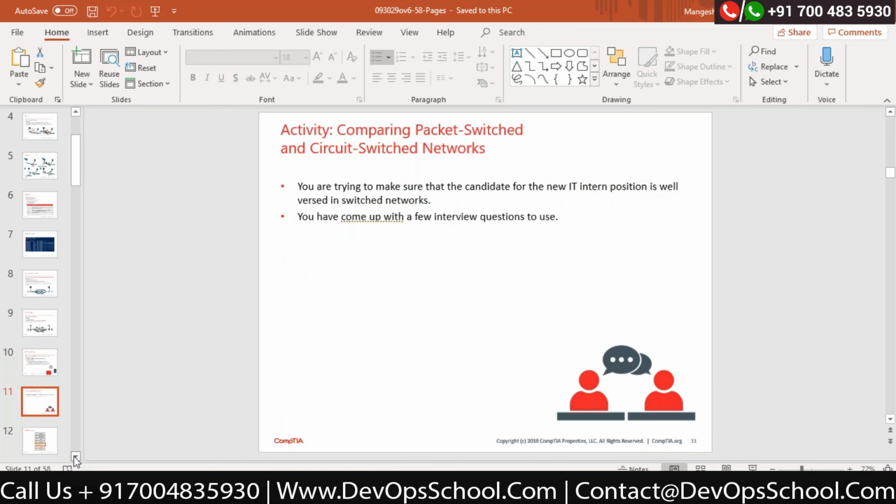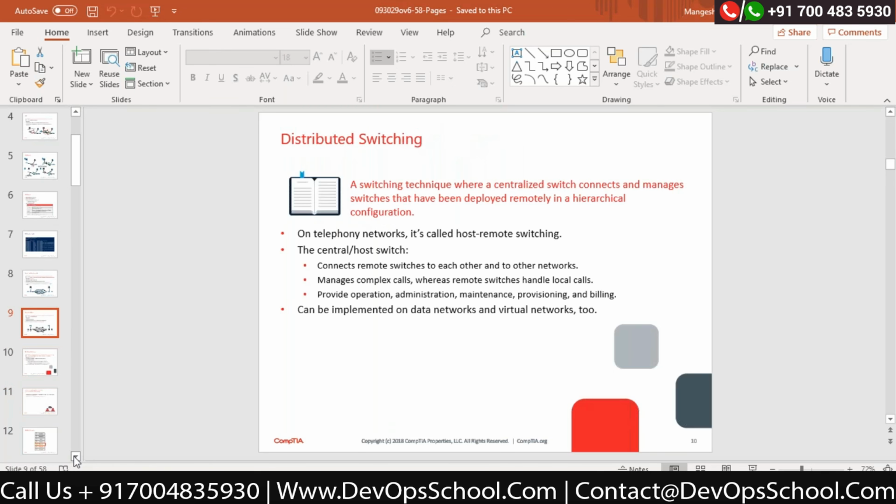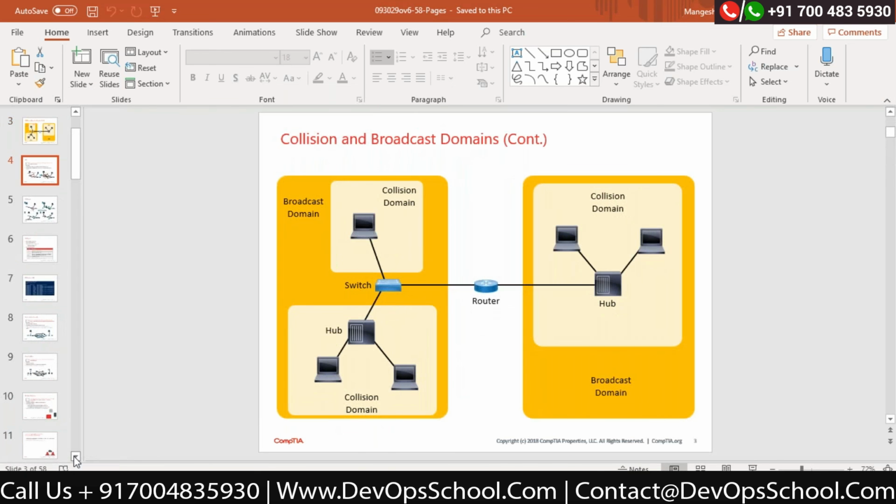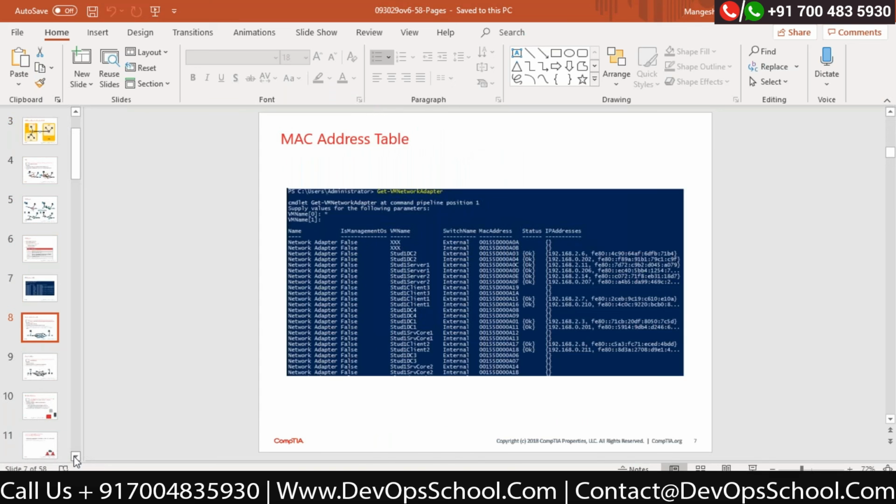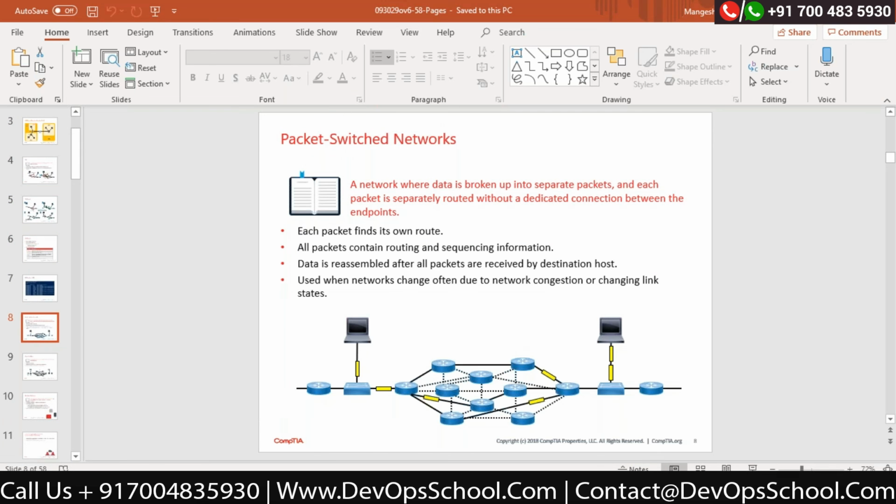That's fine. Okay, comparison of circuit switching and packet switching. Packet switching is a broadband connection, which is a very high speed connection. ISPs have their own routers and devices which we can use to send the packet from one location to another location.